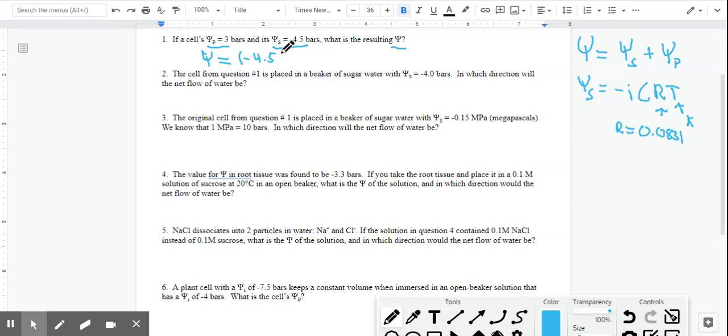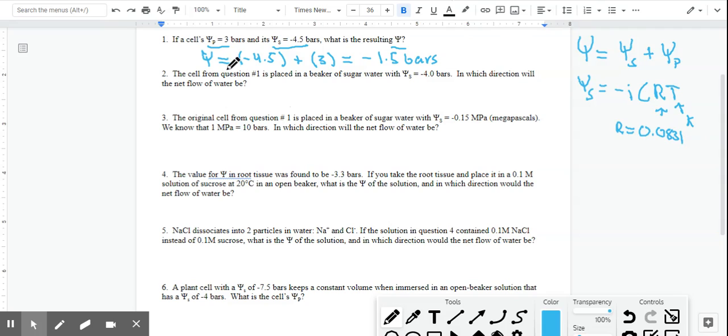I'm going to leave out the units just so we can do the number portion. We'll get to the units in a moment. Plus our pressure potential, which was 3. If we add the two of these together, don't forget this is a negative 4.5, we should get negative 1.5. Don't forget the units, as I mentioned, is bars. So we get this as our total water potential.